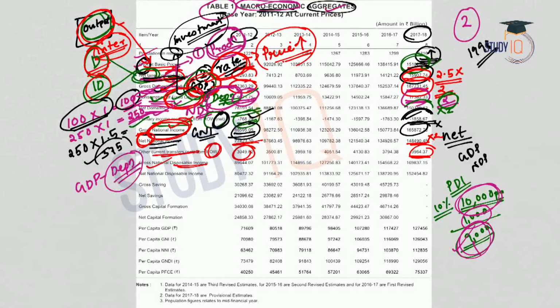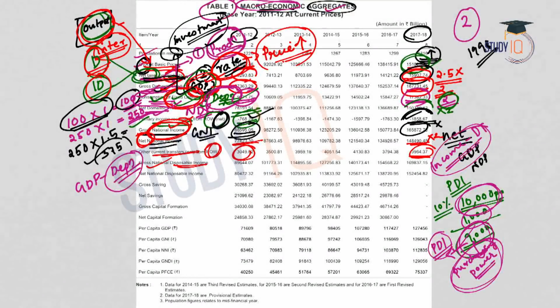So this is the purchasing power you have. This is the amount of money that you can use to make purchases or meet your demands. So this 9,000 is known as personal disposable income. So personal disposable income is income minus net direct taxes. If you deduct direct taxes from your income, you will get personal disposable income.